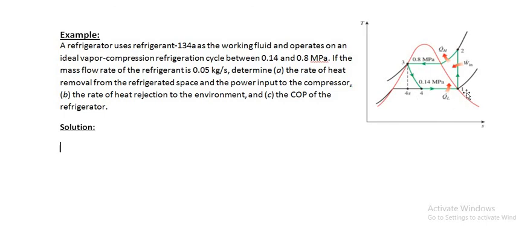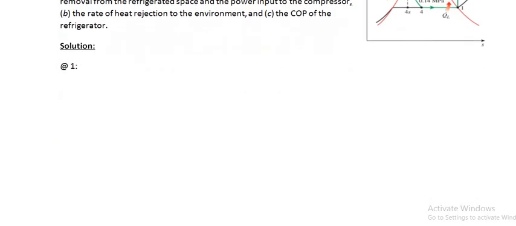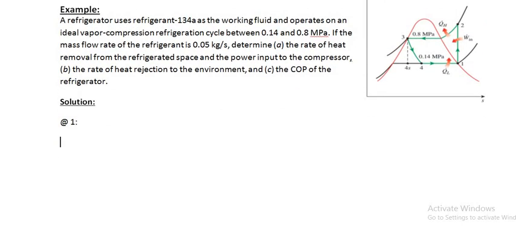So first of all, we'll start with state 1. At state 1 we have pressure P1 equal to 0.14 MPa. Now we have the pressure and we have to determine h.